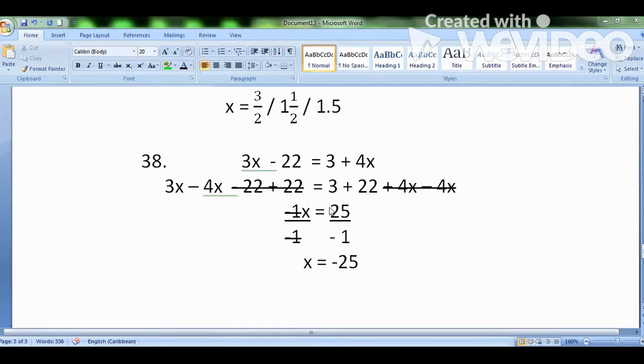And then a positive divided by a negative gives you a negative. Any questions? All right, anybody writing this off? Yes, sir.